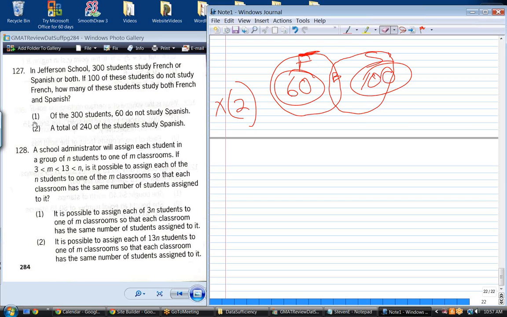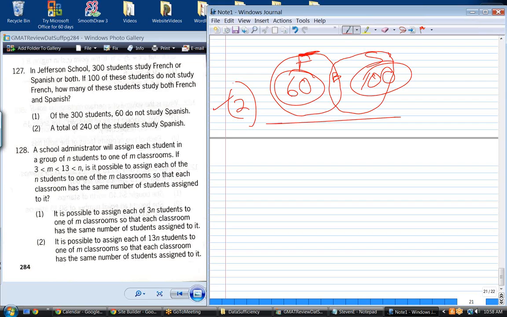So between the stem and statement 2, we get this model. And that model allows us to answer it because we know that 60 plus B plus 100 has to equal 300. Oh, that was the equation that was missing.